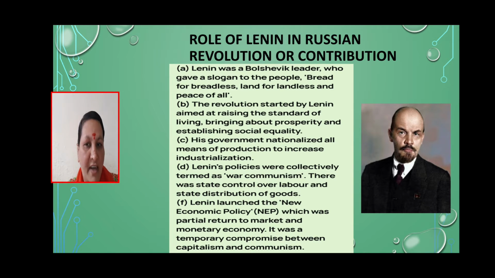So Lenin entered and guided the farmers and workers on the path of revolution. When the resistance of the workers and farmers became more intense, Tsar Nicholas II ran away from the country.